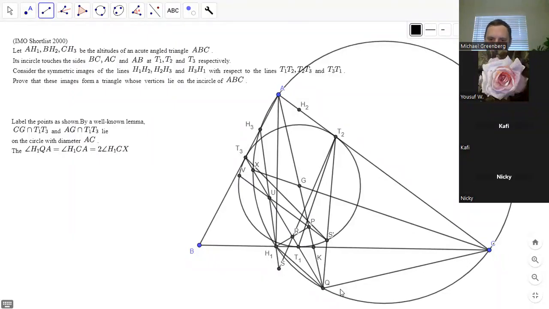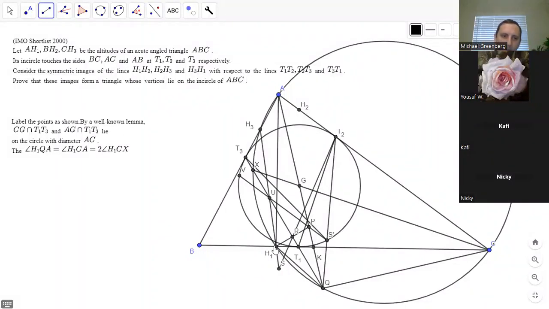I think after we prove that P lies on the angle bisector, we just need to prove that P lies on V S prime to finish that. So step one is we've shown that QX bisects H1QA.